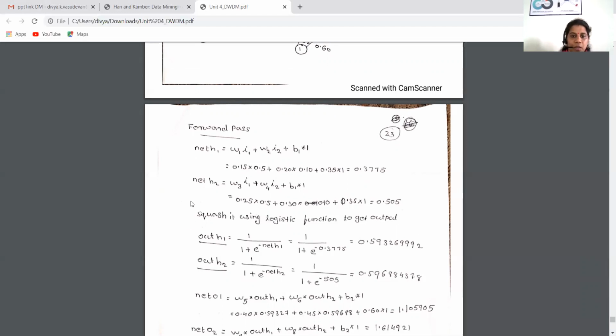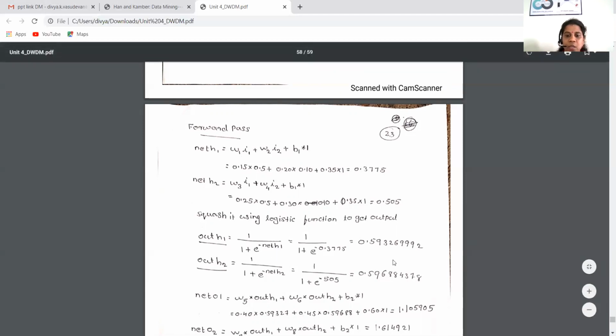So the final output, out H1, according to the logistic function, is 1 divided by 1 plus e to the power minus net H1. Substitute the value of net H1, it is 0.3775. You will get the final out H1 as 0.59326992.